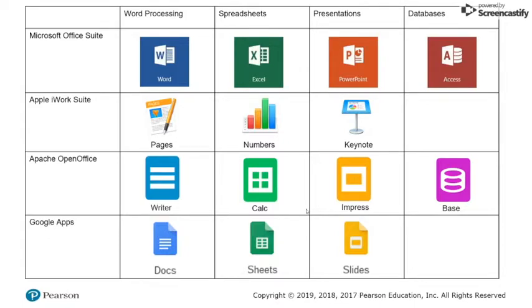Microsoft Excel, Apple Numbers, OpenOffice Calc, and Google Sheets are also spreadsheet applications from these office suites. So we can see that there are similarities between the products that they offer.